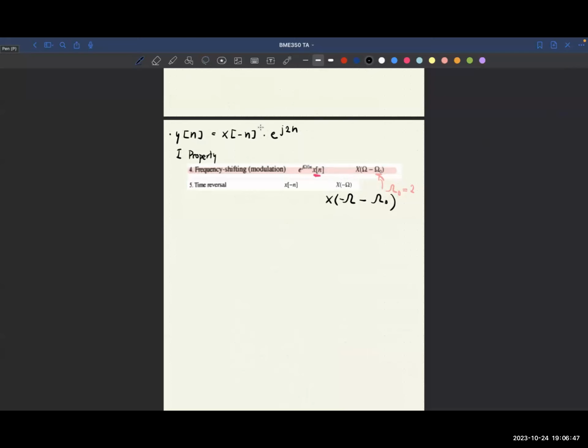Therefore, after the discrete time Fourier transform, and we already identified our omega naught equal to 2, we should be getting X of negative omega minus 2.